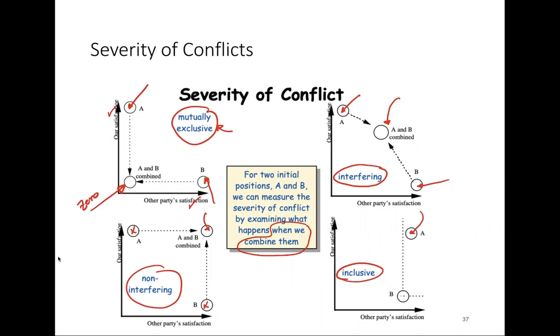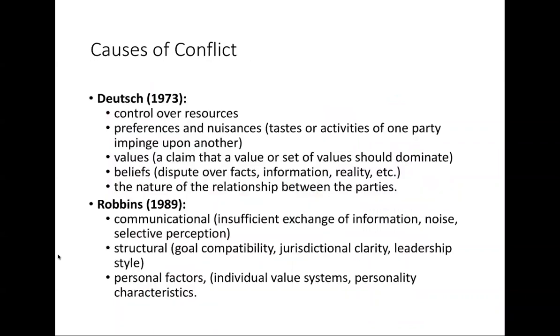If my satisfaction could be easily jumped into your satisfaction, we have an inclusive agreement. So if we go back and try to find the main causes of conflicts, back in 1973, it was due to control over resources, also preferences. It could be the taste, or even activities of one party being prioritized over other parties.